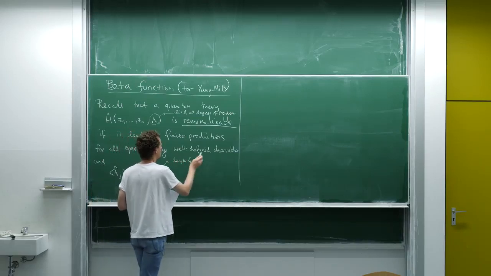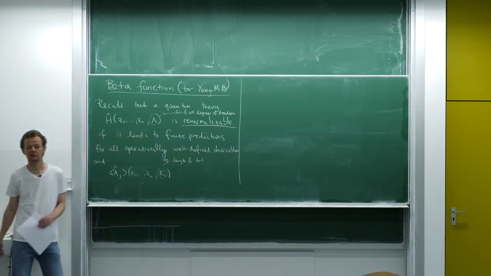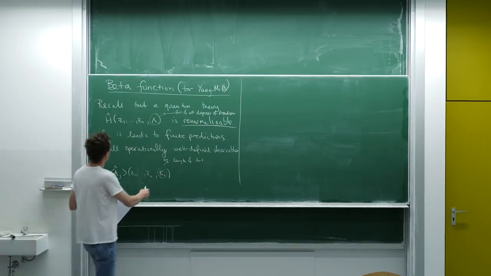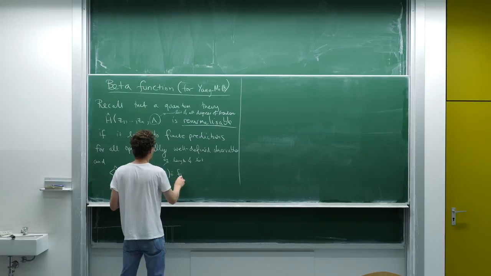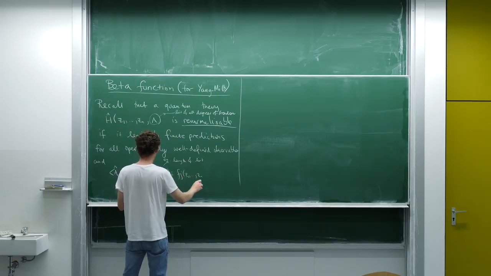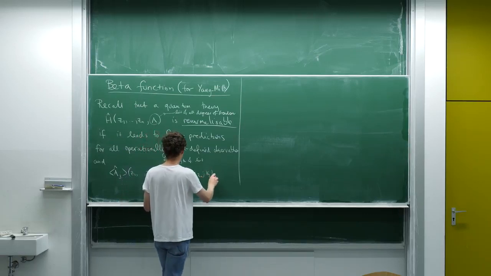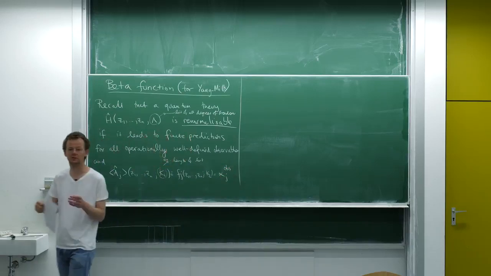So it's just a convenient number which tells us how many degrees of freedom our theory is specifying. So we work out the expectation values for all our operationally well-defined quantities, and then we set them equal to some observed values.